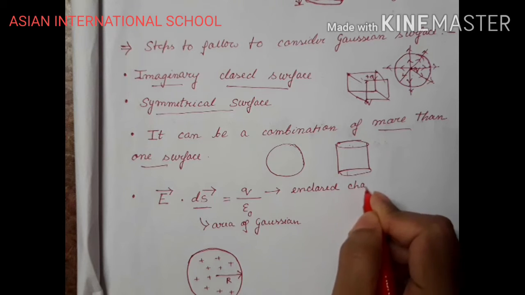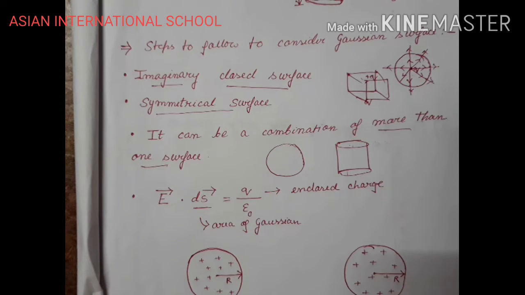Enclosed charge means the charge which is enclosed inside the Gaussian surface. Area of the Gaussian surface means only that much area which is there on your imaginary boundary. There can be areas outside the imaginary surface also, but while you are applying Gauss theorem, your ds is the area of the Gaussian surface and your charge q is the enclosed charge, the charge which is only inside the Gaussian surface.